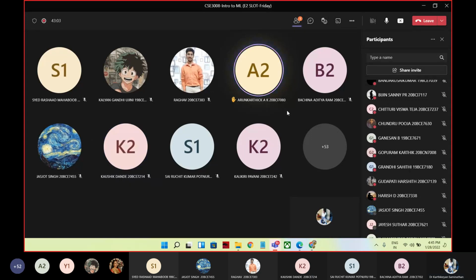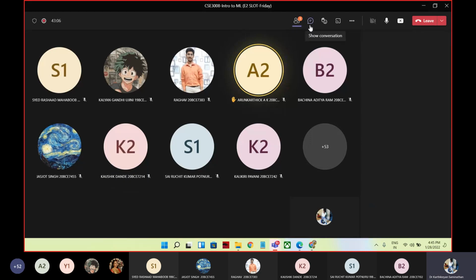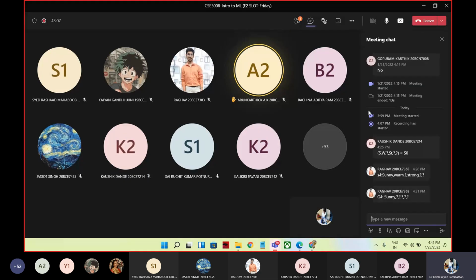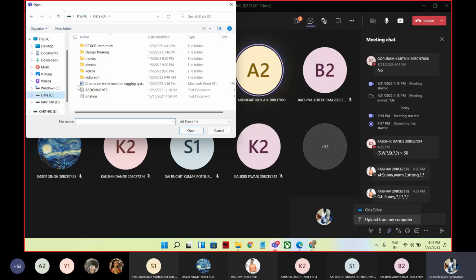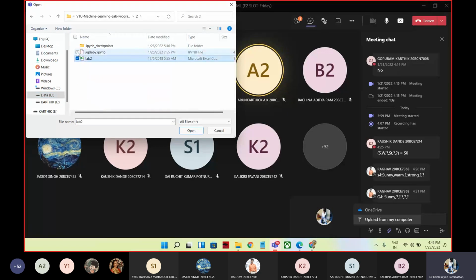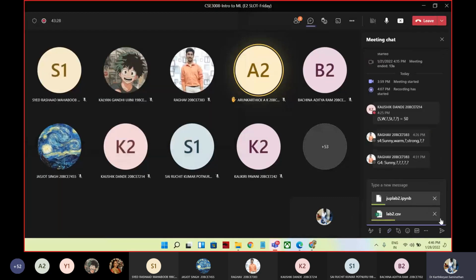I will give you both the codes so you can keep them on your machine after installing, and after teaching how to install and configure. Then you can run these 2 codes that I'll put in the chat. Yesterday I shared the first code example. Now I'll give you the second example, the candidate elimination code, so that you can check lab2.csv and the Jupyter file.